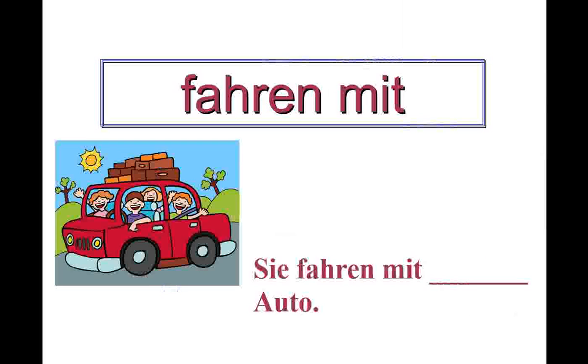Fahren mit. So you have fahren and you have mit, fahren, to drive. Mit, is this a two-way preposition, an accusative preposition, or a dative preposition? Außer, bei, mit, nach, seit, von, zu. Those are dative, so this is going to take dative regardless.